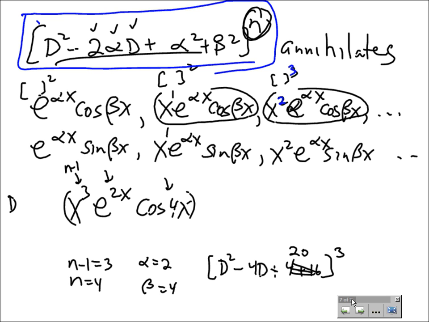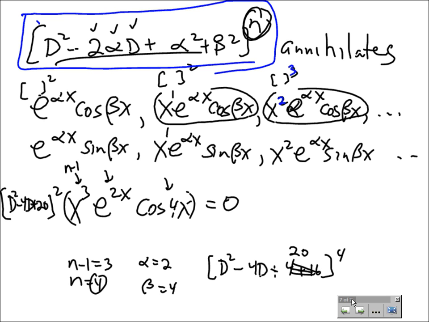If we did D squared minus 4D plus 20, then not just 1 time, you have to do it 3 times. Well, like I said, n was 4, excuse me. You have to do it 4 times. And like magic, we end up with 0. Just pretty neat.